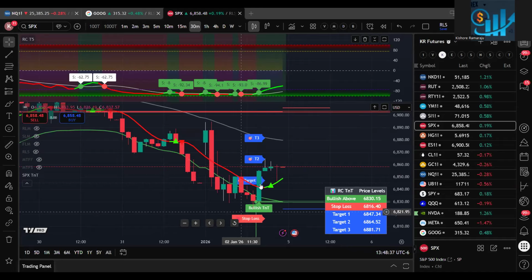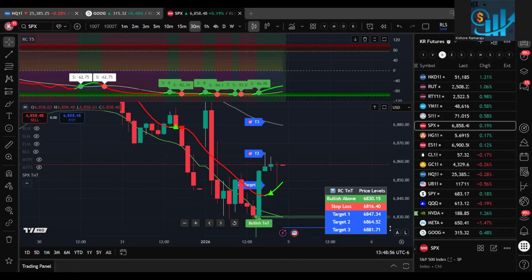Then because you already got a nice big move, there was a small reversal. And again, it may go all the way to 68.80 tomorrow. Right? That is your target 3. If it breaks this target 3, it can go to 6900. Otherwise, minimum we can expect until 68.80. This 68.81 is your target.